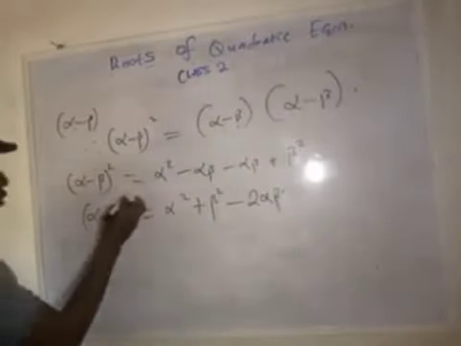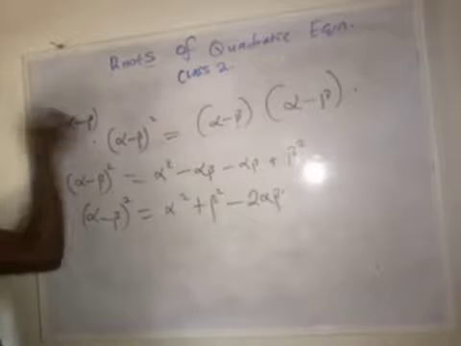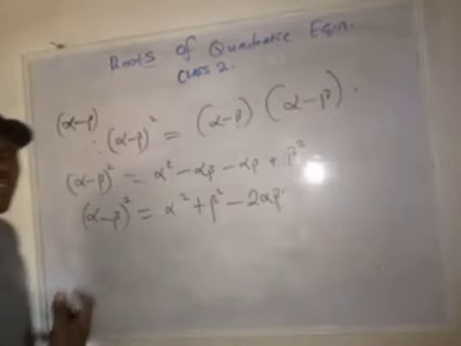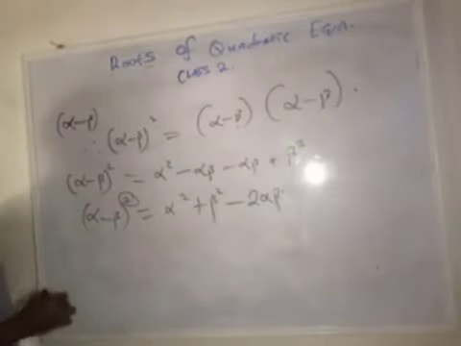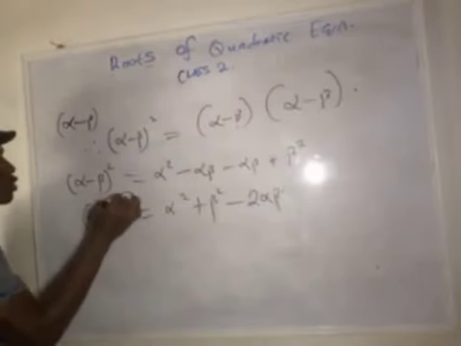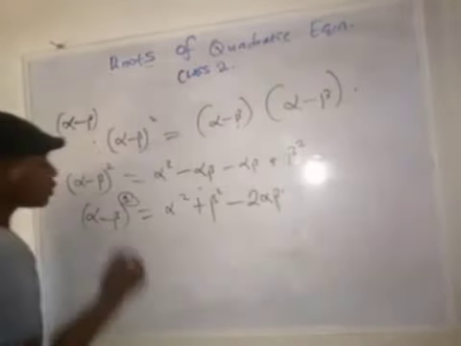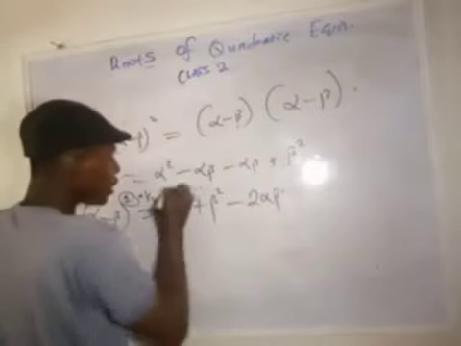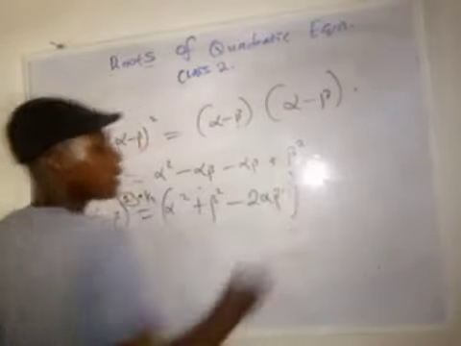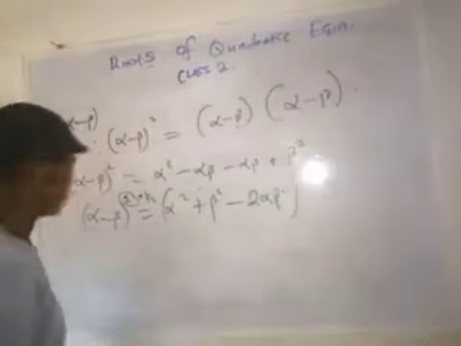But note something, I'm looking for alpha minus beta. So if I'm looking for alpha minus beta, I need to cancel out this square, right? If I take this square to the other side, it becomes a square root. That is, I will multiply by raised to power half, and raised to power half simply means square root.